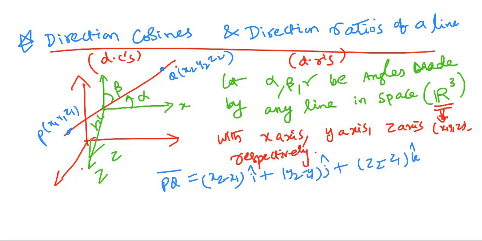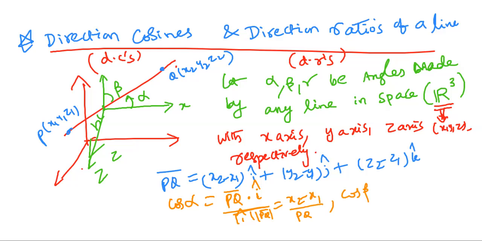So if you want to find the angle made with the x-axis, cos alpha is nothing but PQ dot the unit vector along the x-axis, i cap by mod i cap, that is nothing but x2 minus x1, divided by mod PQ, the distance between them. So cos beta equal to similarly y2 minus y1 by PQ, cos gamma equal to z2 minus z1 by PQ.